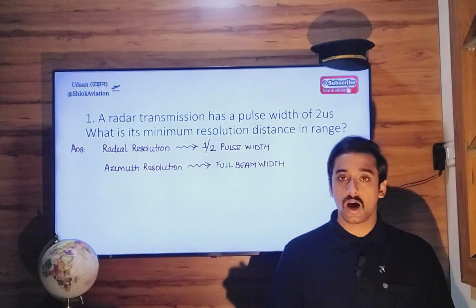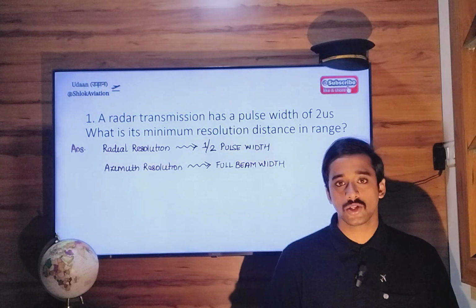So radial resolution is half the pulse width and azimuth resolution is full beam width.